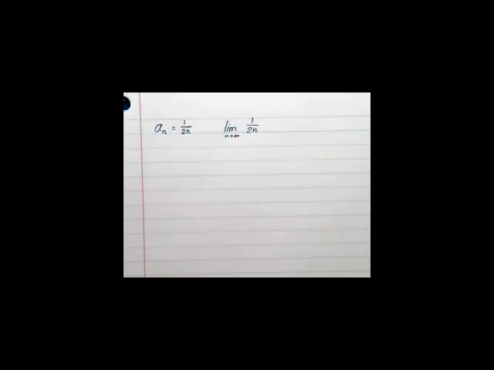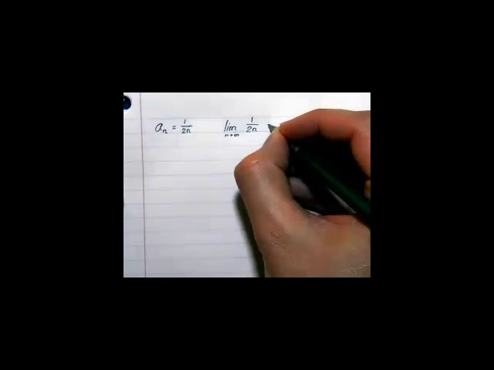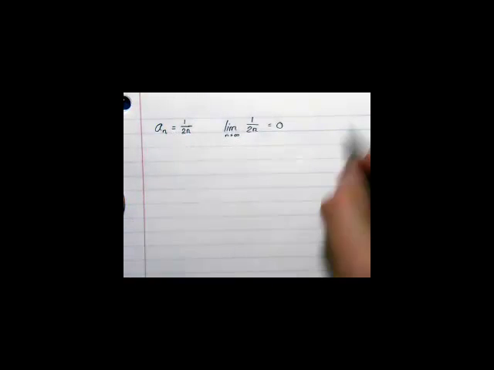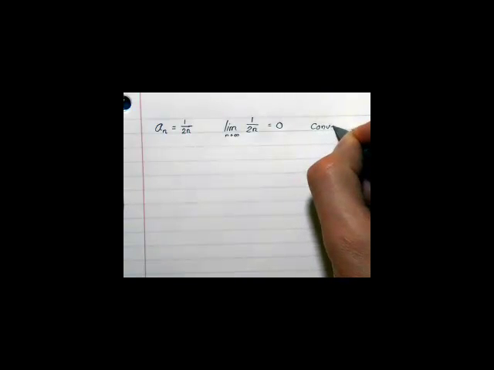The fraction is going to get smaller, right? And it's going to get closer and closer and closer to what? 0, right? So the limit as n goes to infinity of 1 over 2n equals 0. So the sequence defined by this converges to 0.